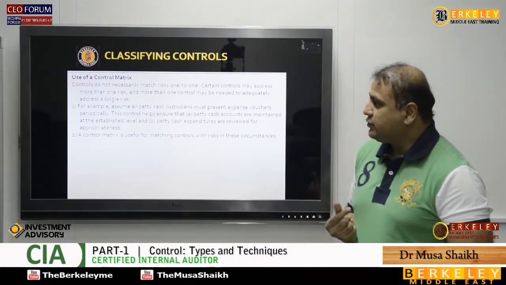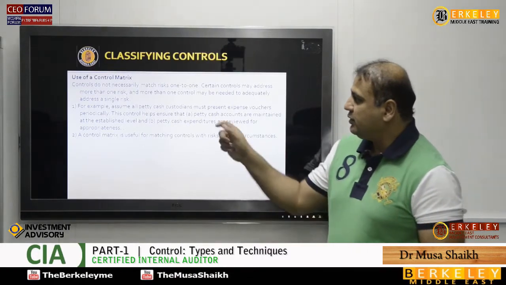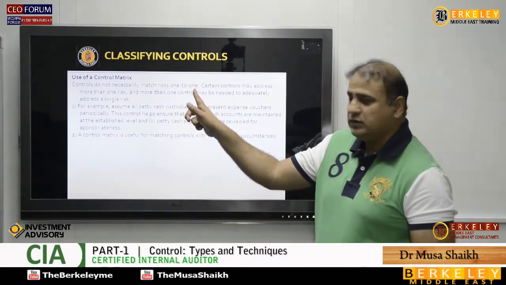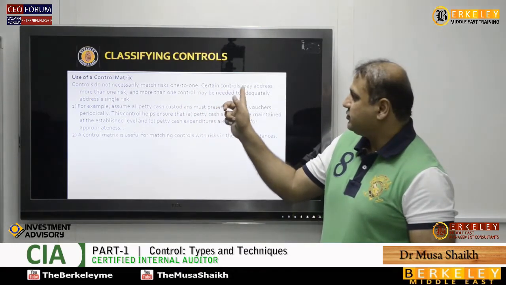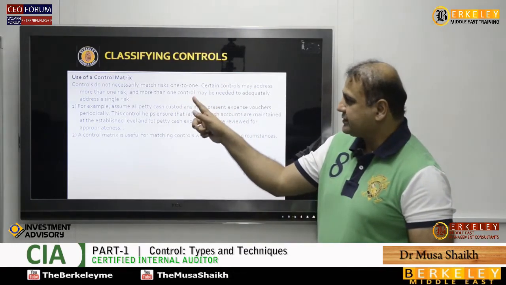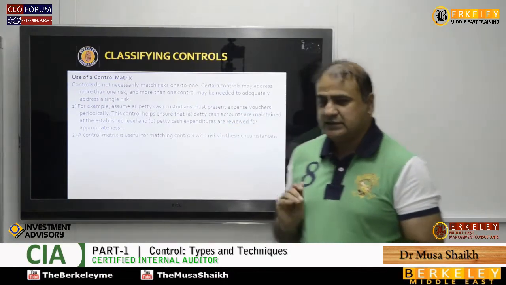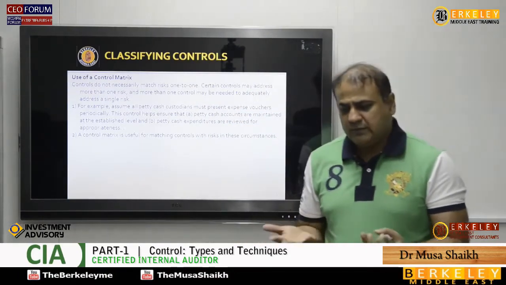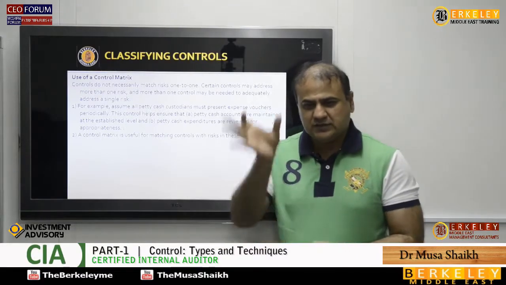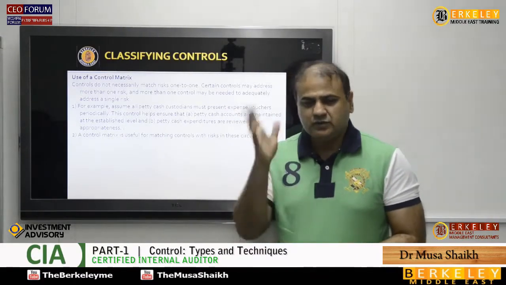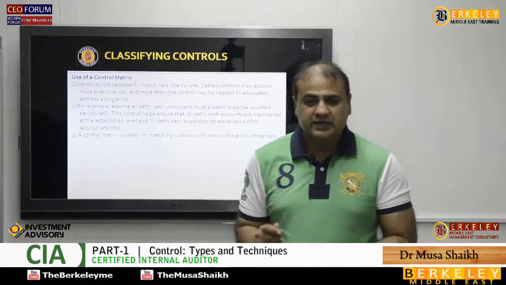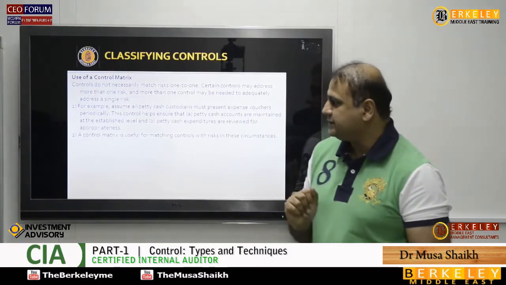So we use a control matrix. It says controls do not necessarily match risks one-to-one. Certain controls may address more than one risk, and more than one control may be needed to adequately address a single risk. A matrix is a mathematical term which has rows and columns. So you see the multi-dimensional side of the risk factors.